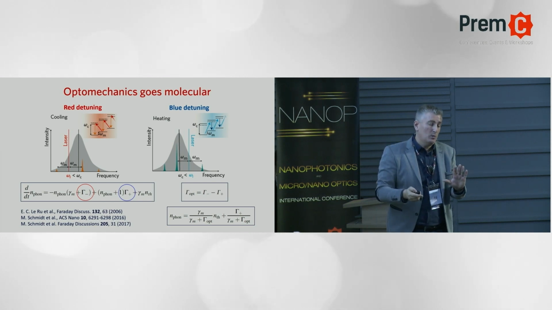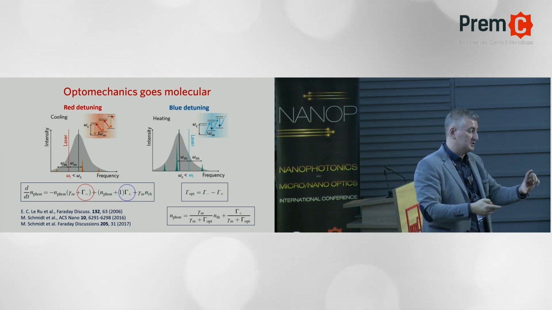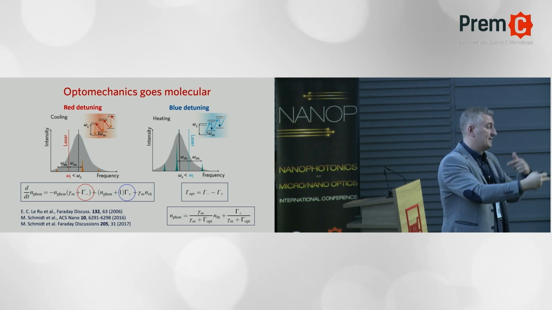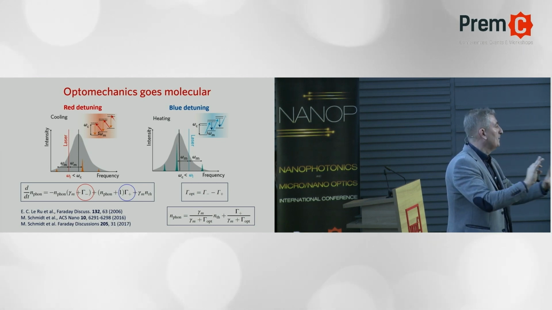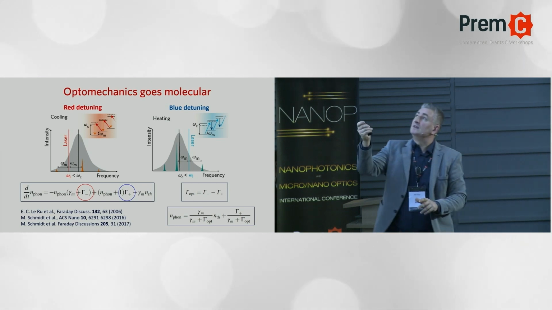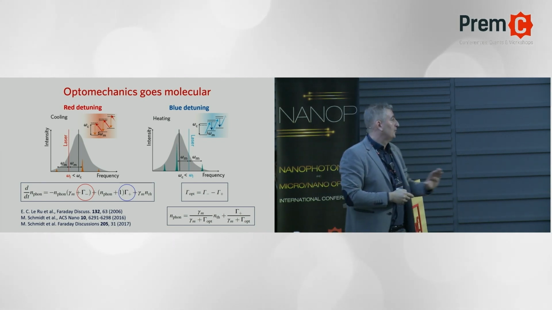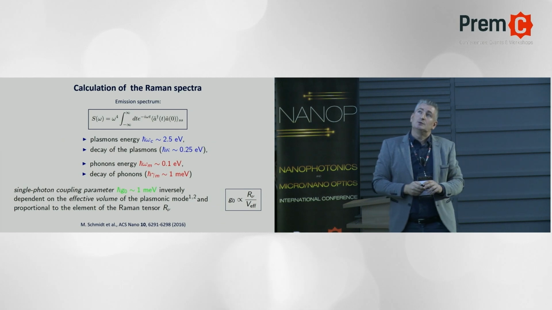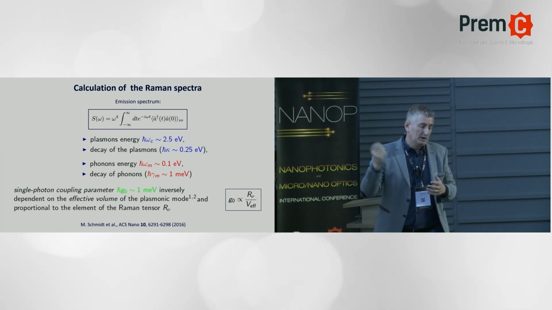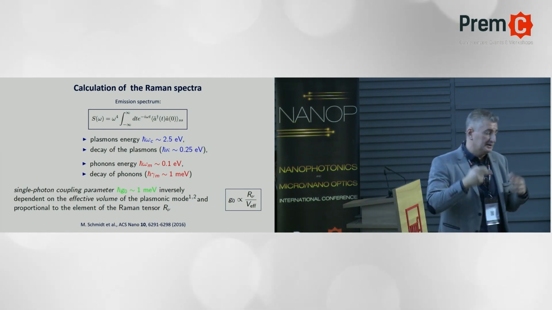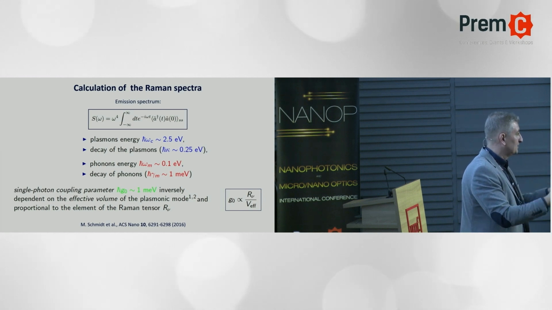So somehow we are changing the population of phonons, which is not thermal anymore, but through this optomechanical interaction, we can play giving and retrieving phonons on what the actual population of phonons is, right? How does it work? We're going to solve these populations and this master equation for the plasmonic system on a molecule.